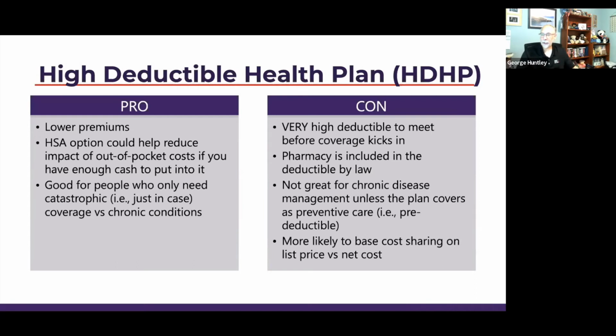The one thing I will touch on, because I don't think we've got it coming next, is in a high deductible health plan, you get access to a health savings account, which is what the HSA is. An HSA allows you to put your out-of-pocket costs, your cost sharing and your deductible stuff, and pay for that pre-tax. So you could be saving money by whatever your tax bracket is.